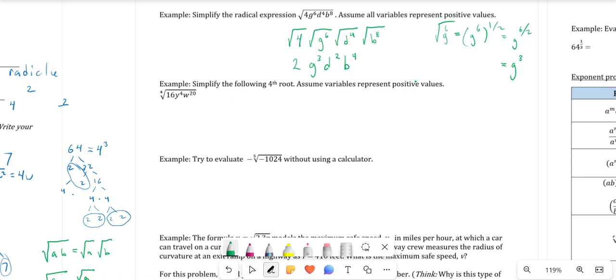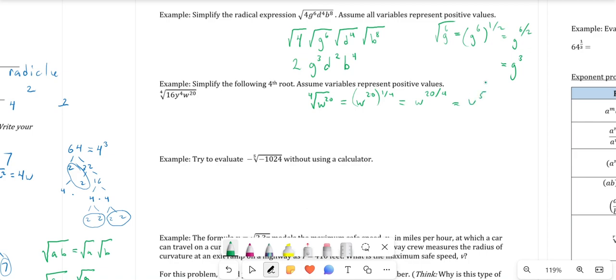Here we have a request to simplify the fourth root. Well, let's just look at a good part of this, right? Like, what is the fourth root of w to the 20? It's w to the 20 to the 1/4, which is w to the 20 divided by 4, which is w to the fifth.